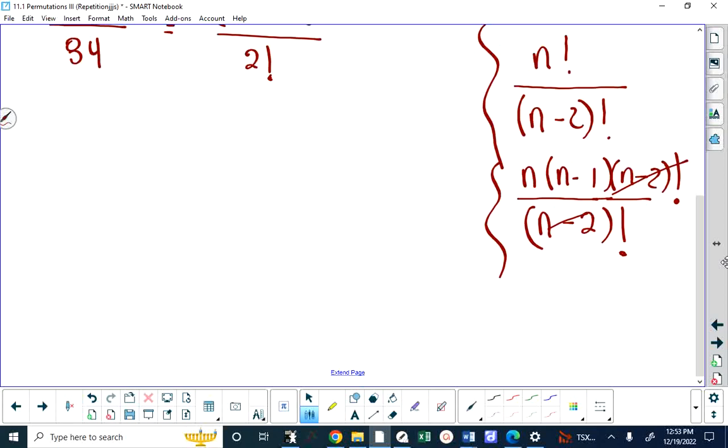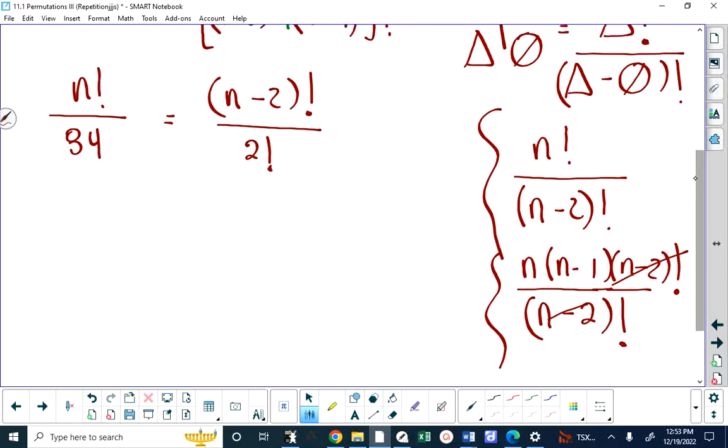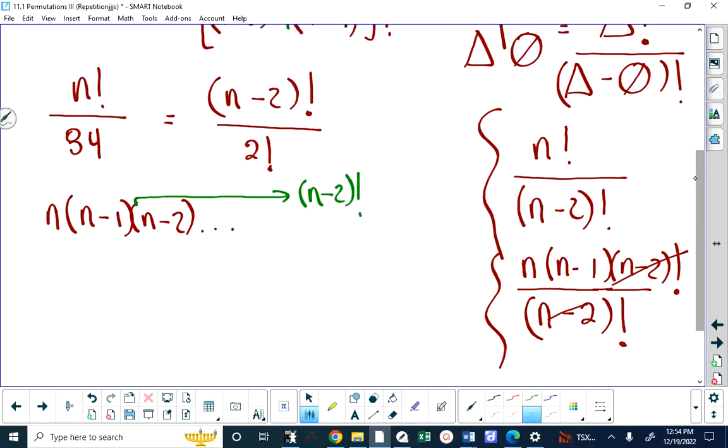So when I expand out this n factorial over here, and by the way, maybe I'll point out to you, we could easily rearrange this so the n minus 2 factorial is on the bottom. But I'm not going to. This is n times n minus 1 times n minus 2 all the way down the line. This, of course, is n minus 2 factorial.